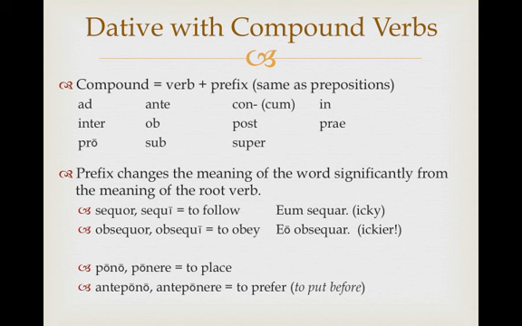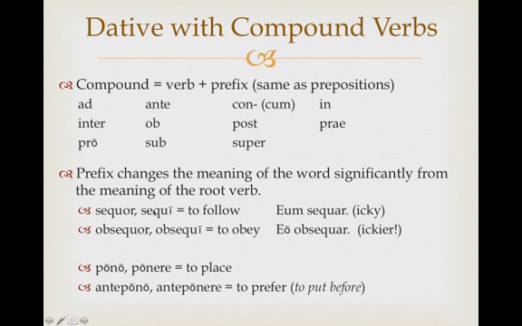So that takes an accusative direct object, as you would expect, because the prefix didn't change the meaning of the verb significantly. However, if it does, instead of the accusative direct object, you'll have dative with the compound verb.